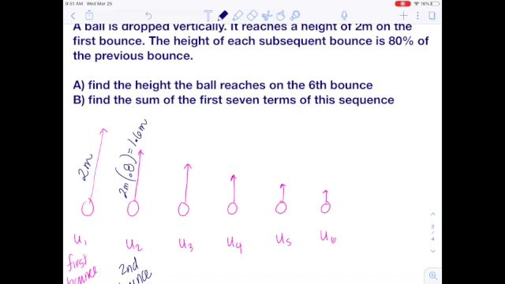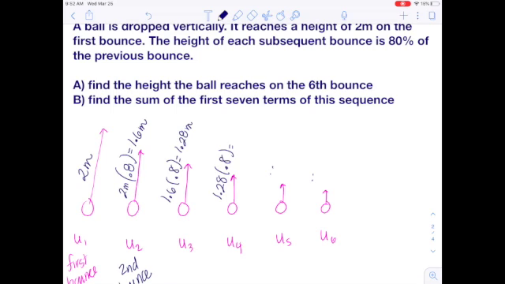And then on the third bounce, it's only going to rise up 1.6 times 0.8 again and get up to 1.28 meters. So on and so forth. On the fourth, we would take that 1.28 multiplied by 0.8, blah, blah, blah.